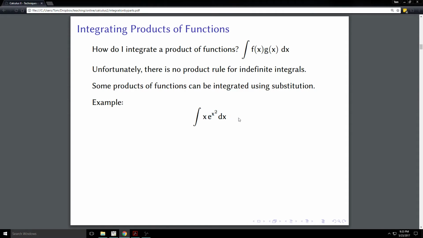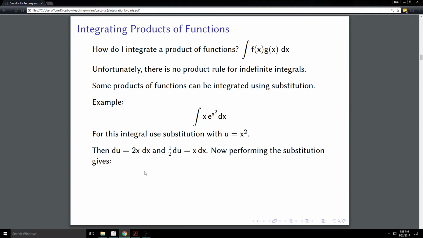What I would do is choose u, and in this case I could choose u to be x squared. Then calculate my du. The derivative of x squared is 2x dx.